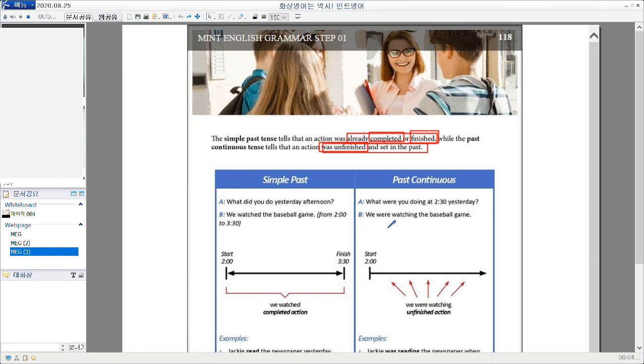For simple past, did it happen only once? Like, for example, when I say I called twice, do you mean it happened twice?